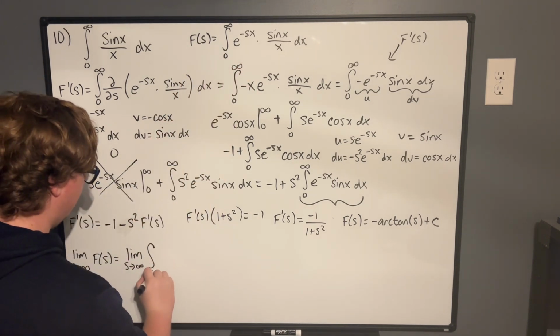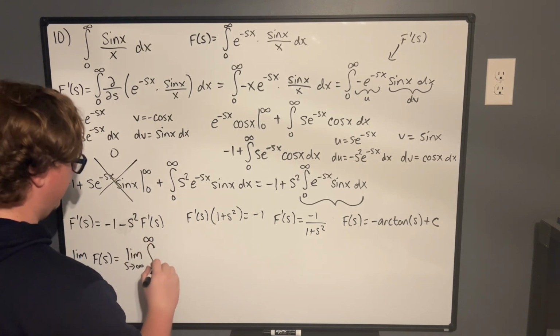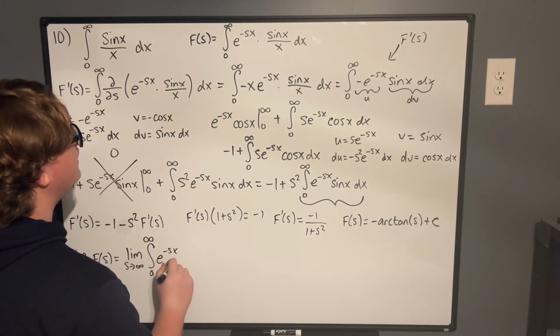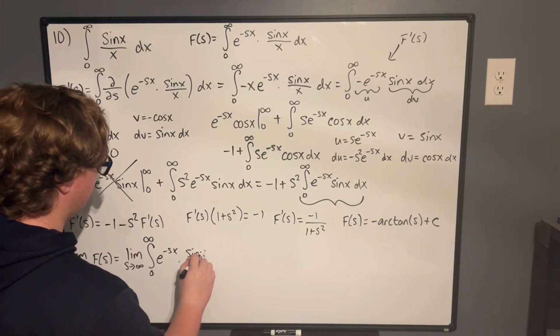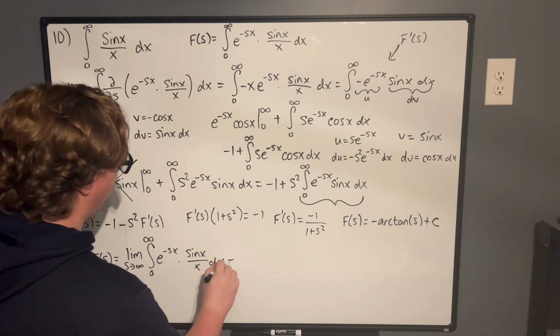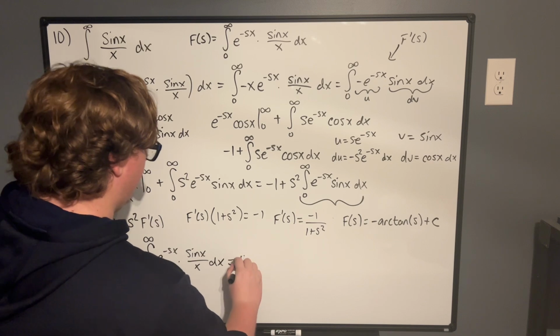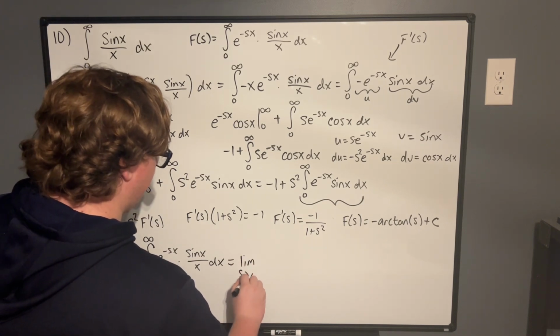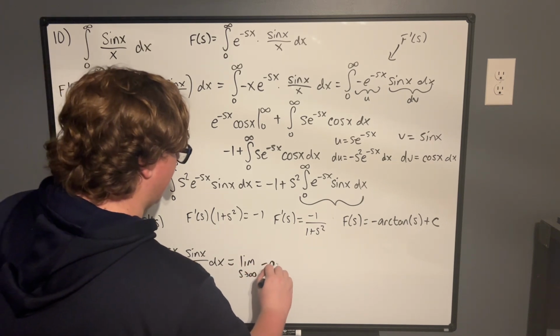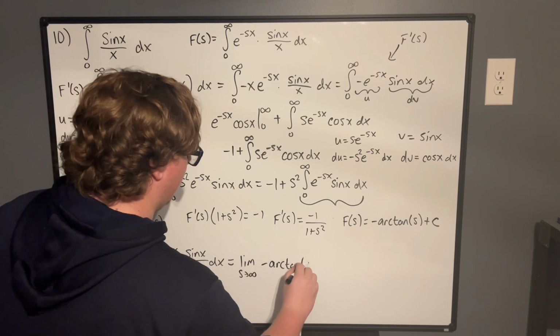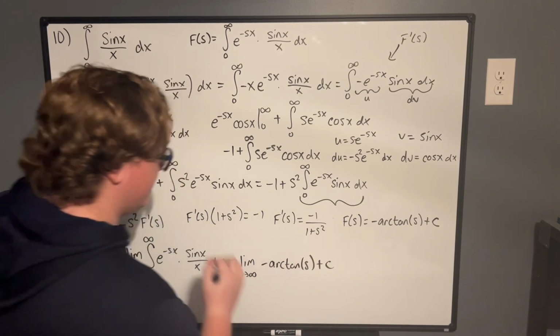So the integral 0 to infinity of e to the minus sx times sine x over x dx. Or it can be rewritten as this limit. So the limit as s goes to infinity of negative arctan of s plus c.